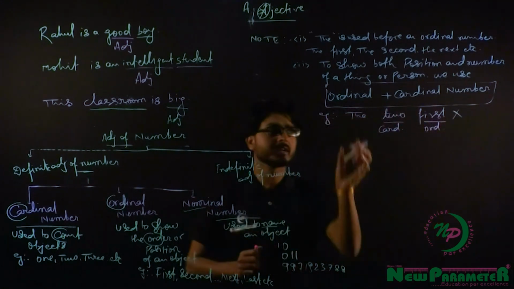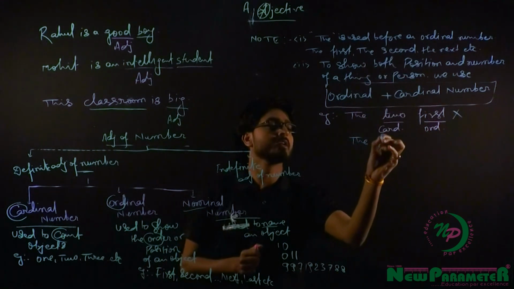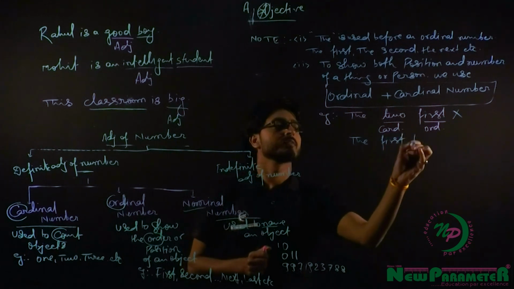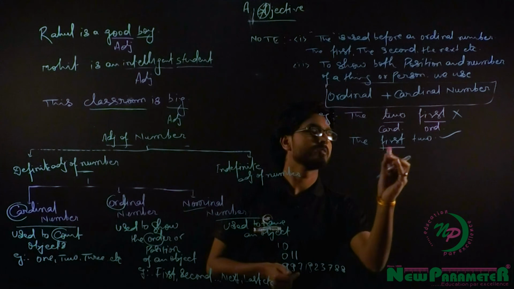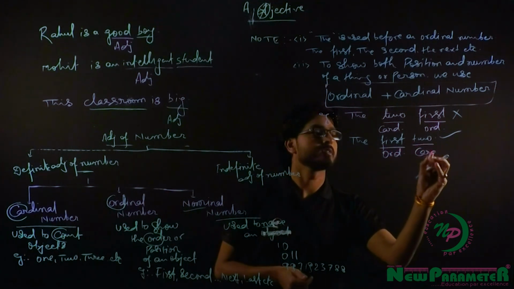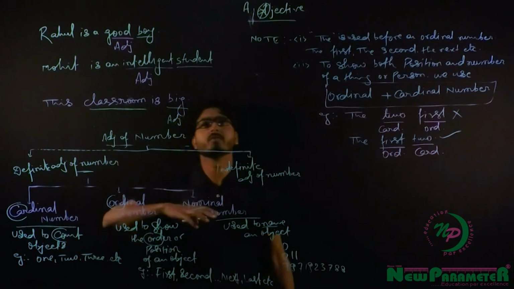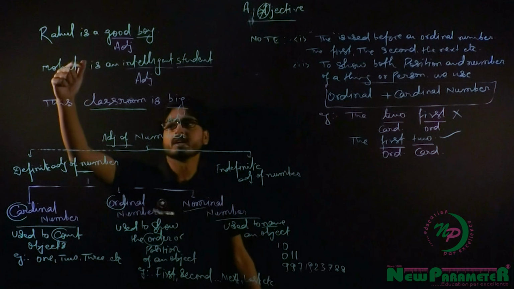It should be cardinal, then ordinal. So the right form should be the first two, because this is an ordinal number, and this is a cardinal number. So I hope you understood the basic concept of adjectives and how they are used.